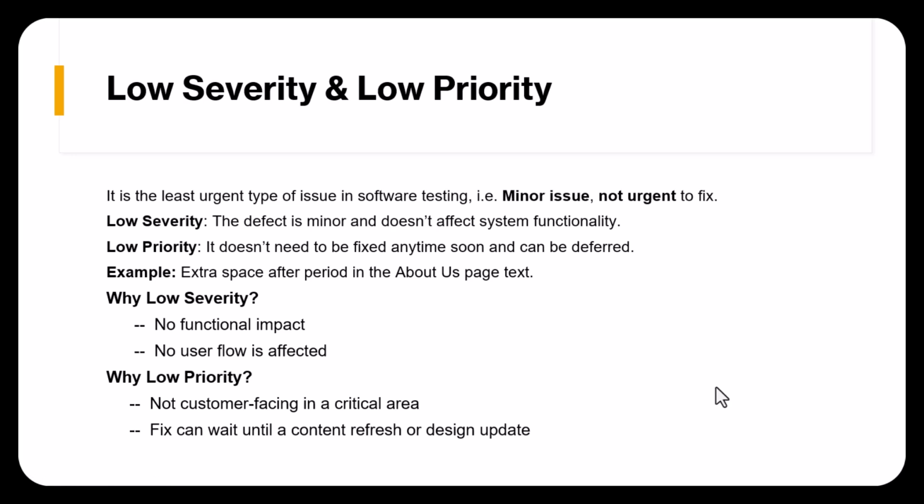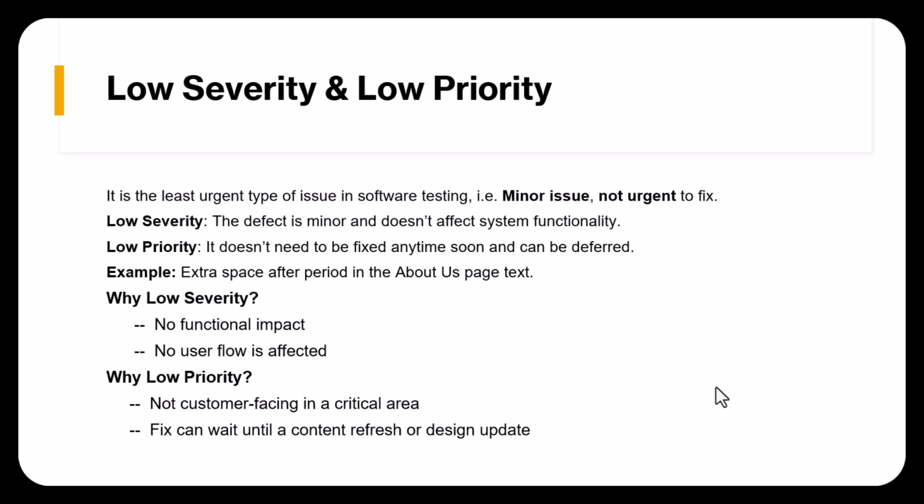At last, we'll consider low severity and low priority. The example is a spelling mistake on an About Us page. The description of this bug is that there is a typo in the About Us section of the website: "committing the excellence" instead of "committed."